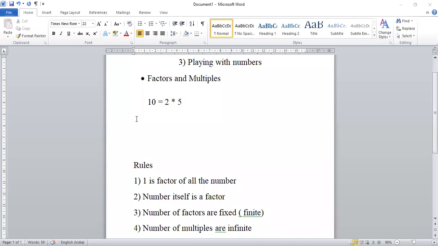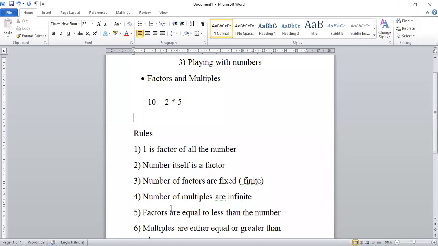As we say, the first rule: 1 is a factor of all numbers. What this first rule says is, if we multiply 10 by 1, 10 ones are 10, 2 ones are 2, 5 ones are 5.